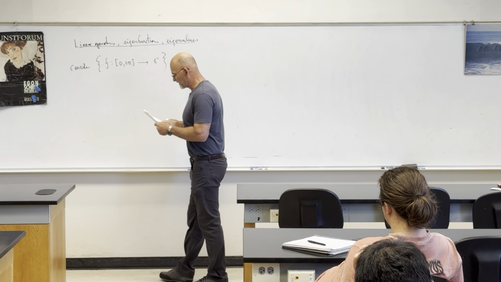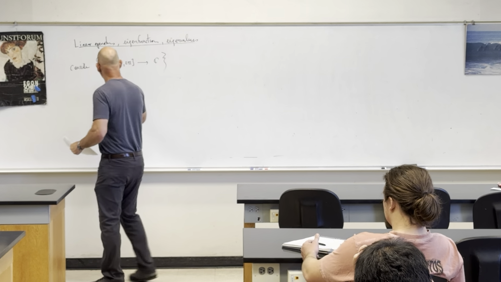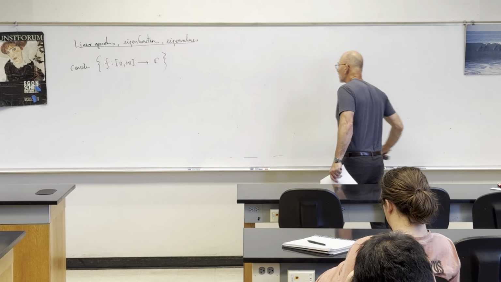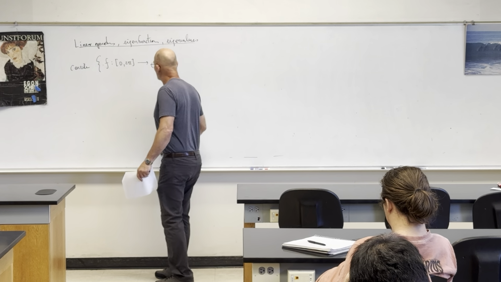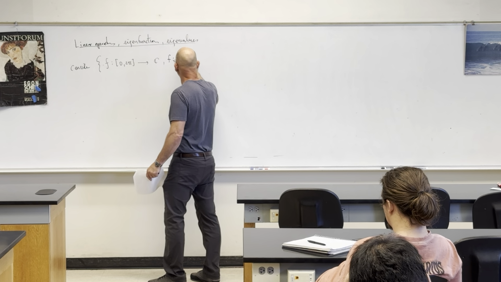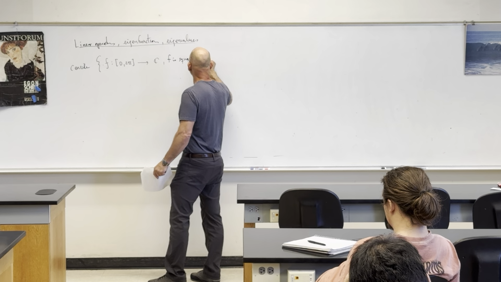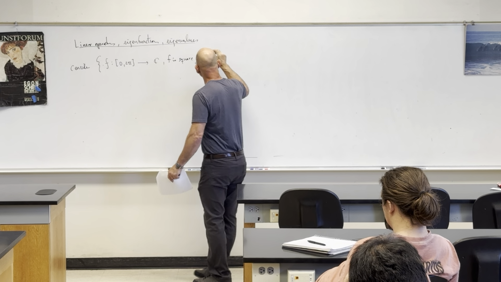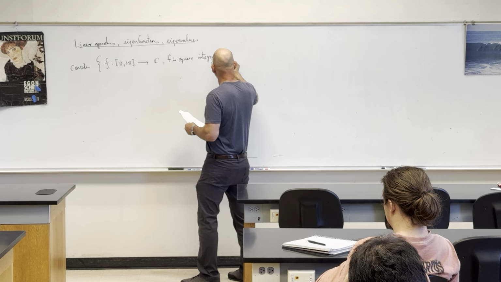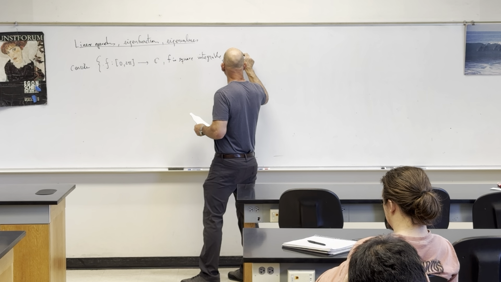Those are our functions. Actually, we have to specify a couple properties. f is square integrable. That should be no problem because we're on a finite interval. Square integrable. And it's also 2 pi periodic.